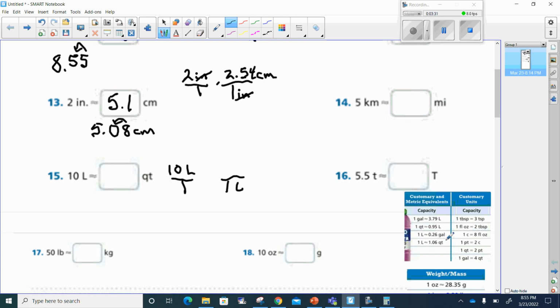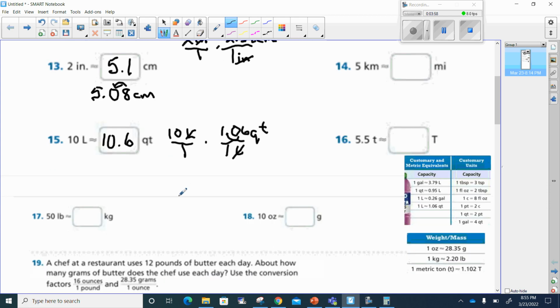That's going to equal 1.06 quarts. I eliminate my liters because there's 1 on the top and bottom, and I have 10 times 1.06. Anything times 10 moves my decimal over 1, so this would be 10.6. I can leave that just like that because that is to the nearest tenth.